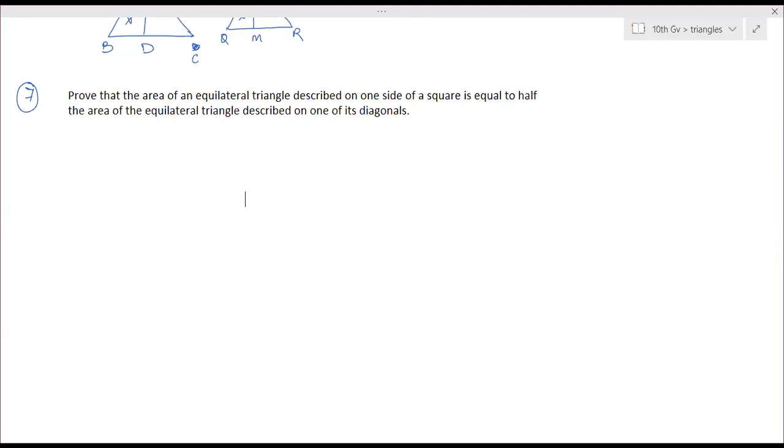The area of an equilateral triangle described on one side of a square is equal to half the area of the equilateral triangle described on one of its diagonals. That means first draw the square.